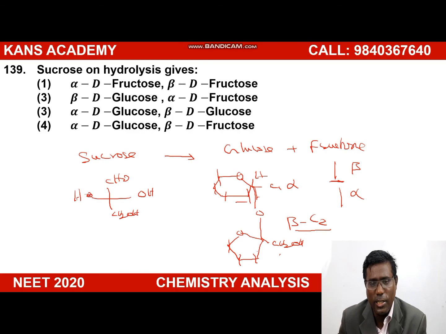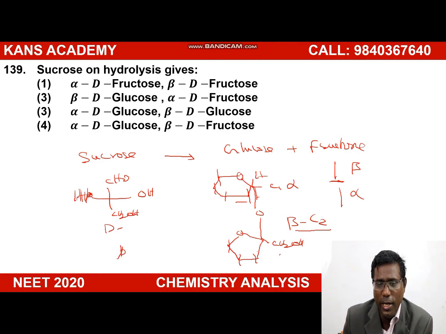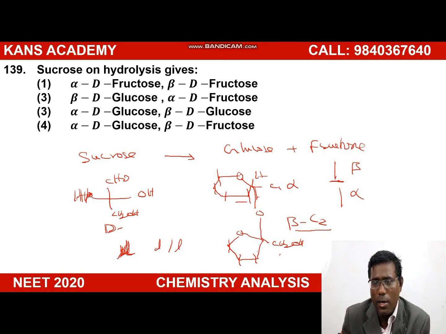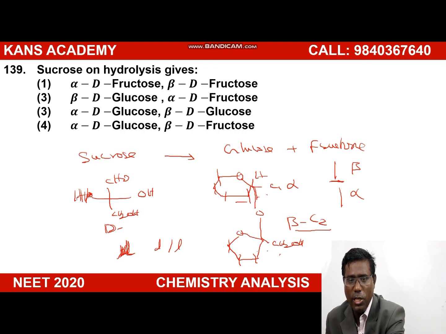Capital D is used for carbohydrate chemistry only, whereas small d and small l, dextrorotatory and levorotatory, are used wherever optical rotation is possible. So your compound is alpha D glucose joined with a beta D fructose, then option 4 is the correct one. Just write the structures below and below, then only you can predict the connectivity of the glycosidic bond. Option 4 is correct.